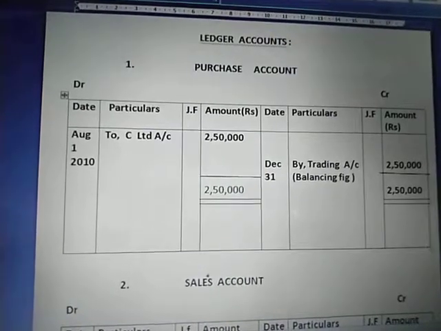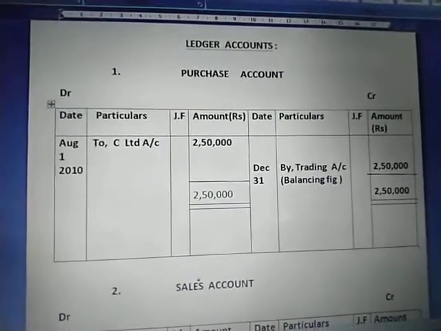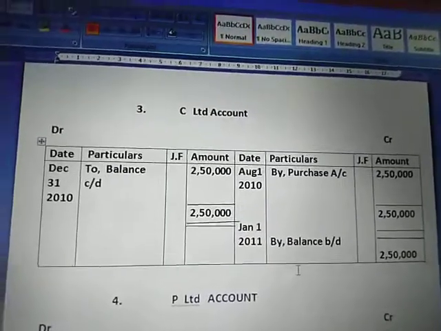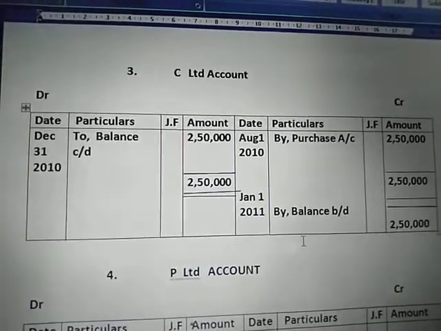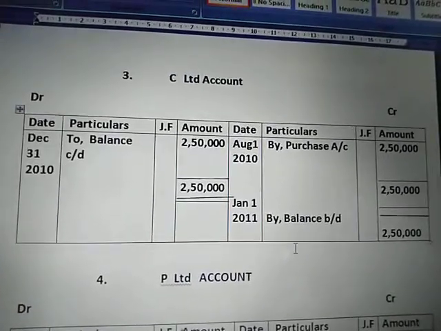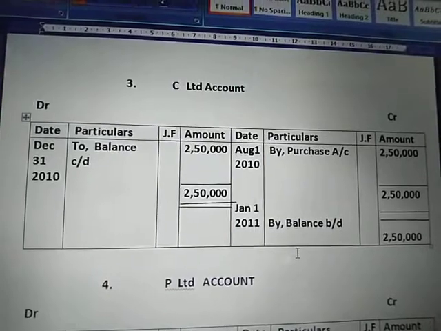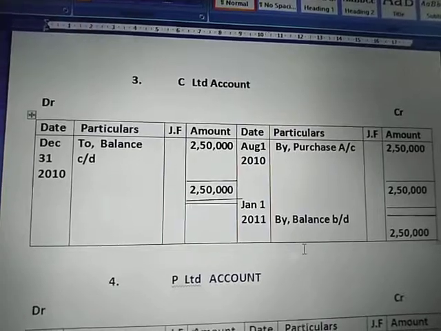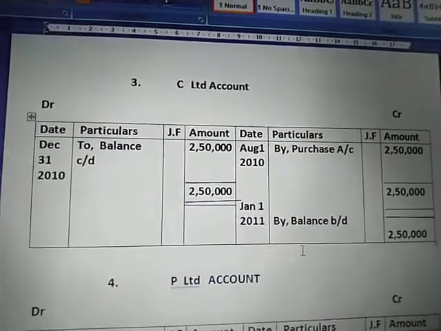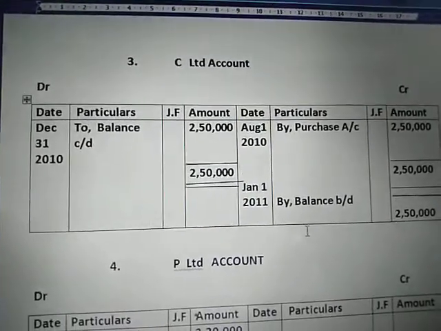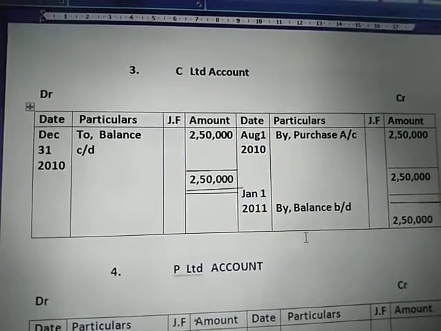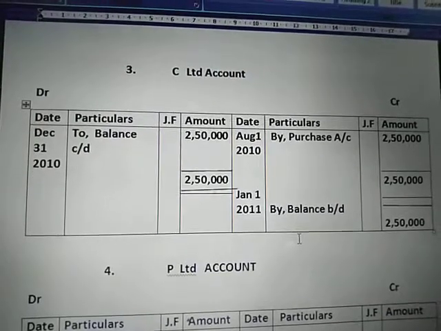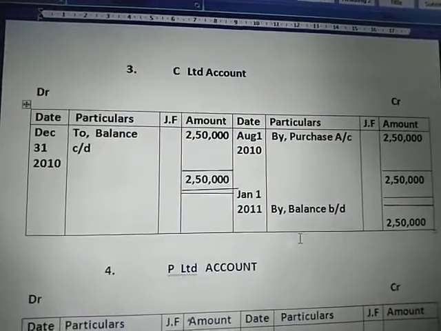Sorry, before moving to the next transaction we have to discuss the other ledger account that was affected. The other account affected was C Limited. Since the journal entry was purchase account debit to C Limited, C Limited was being credited. The rule is to credit the account by the other account that is being affected.